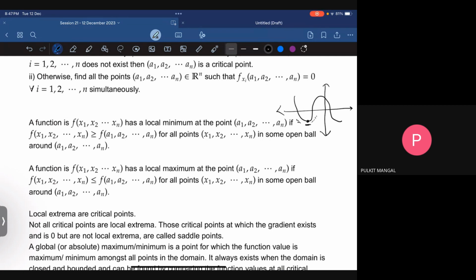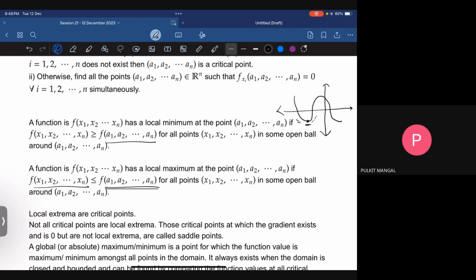You can extend this to the multivariable case also: a point a1, a2 till an is called a local minimum if around that point all values of the function come out greater than it. Just the reverse of that would be my local maximum: at the point a1, a2 till an, this point is called a local maximum when my function value at this point is greater than the function value around the point.